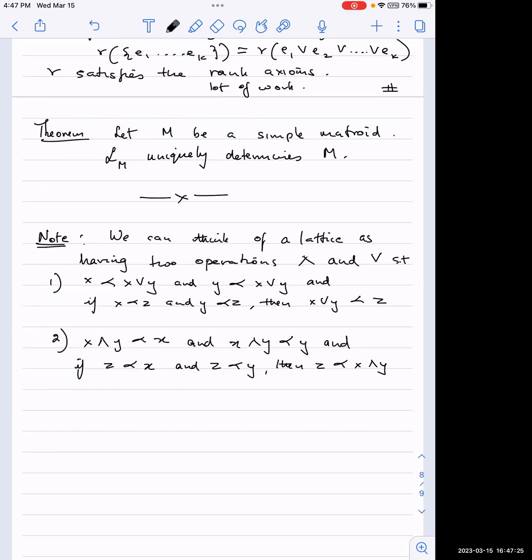Now these two operations are commutative and associative. That can be checked.